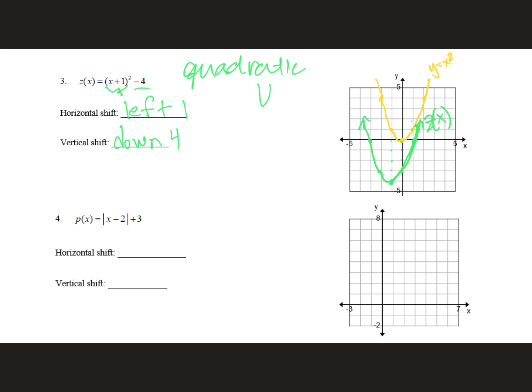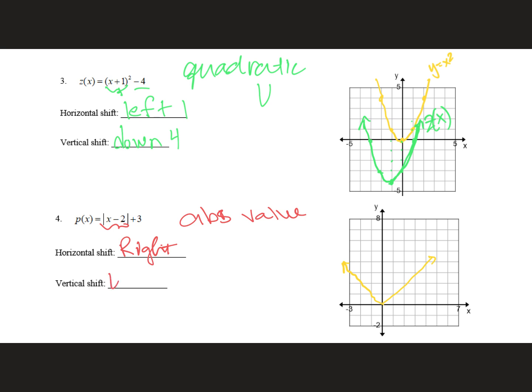Okay? So last example here. I've got P of x is the absolute value. If you go back and look at your parent function's absolute value is a v. So it's going to look something like this. And x minus 2 means I'm going to move my graph right 2.